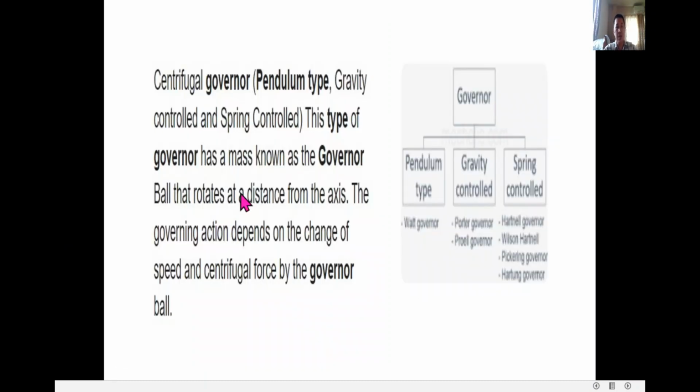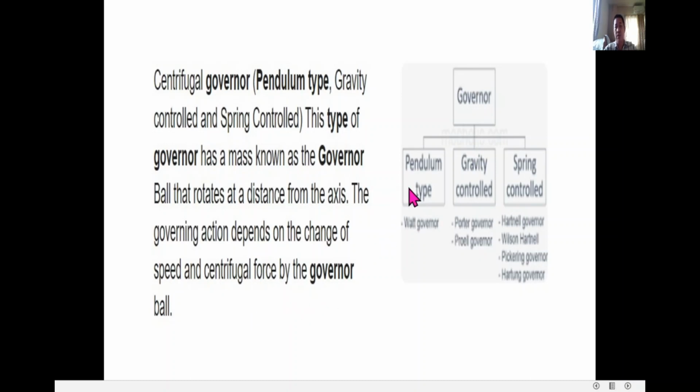Now we have here centrifugal governor pendulum type, gravity controlled and spring controlled. This type of governor has a mass known as a governor ball that rotates at a distance from the axis. The governing action depends on the change of the speed and centrifugal force by the governor.